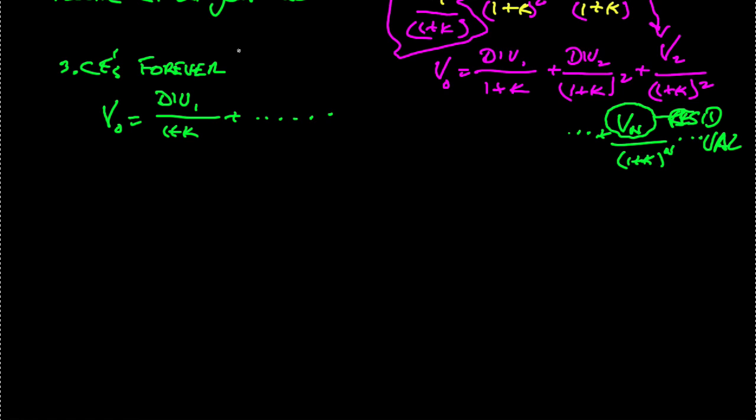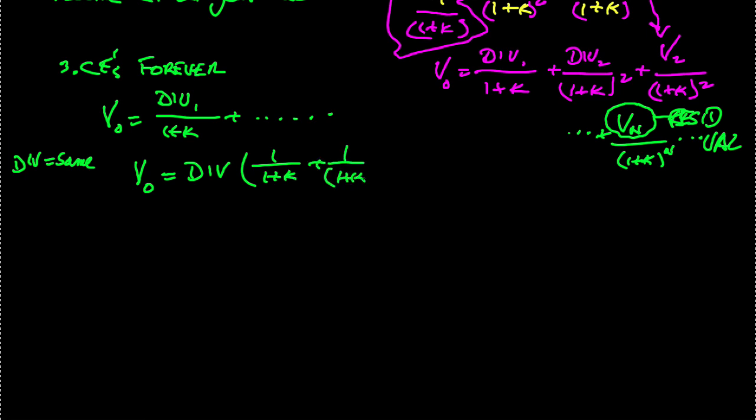Now let's also assume that the dividends are the same. So div's the same. So here what you have is that your value is the dividend, it's going to be common all the time, times 1 over 1 plus k plus 1 over 1 plus k squared plus ... Just keeps on going forever.